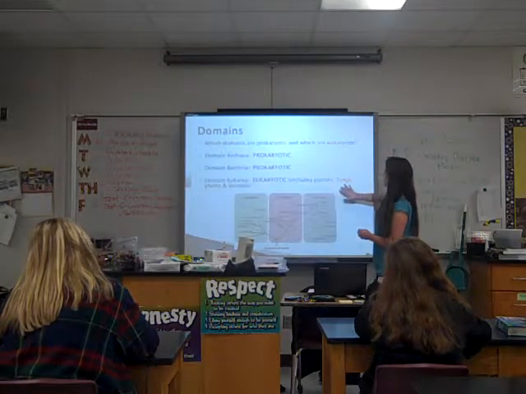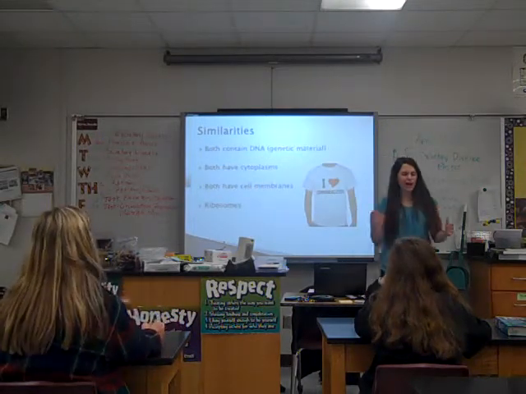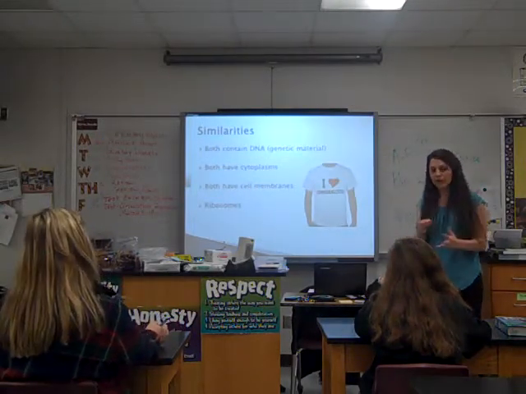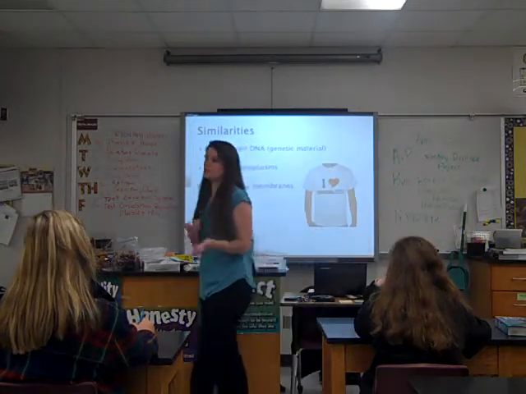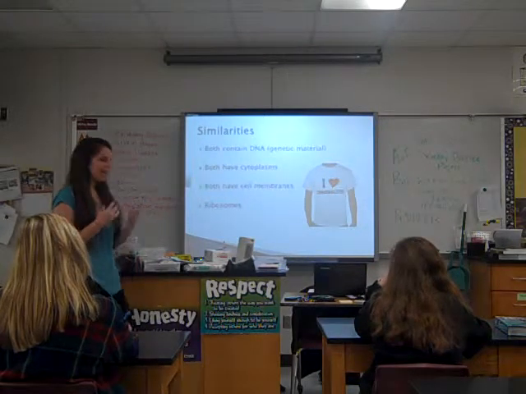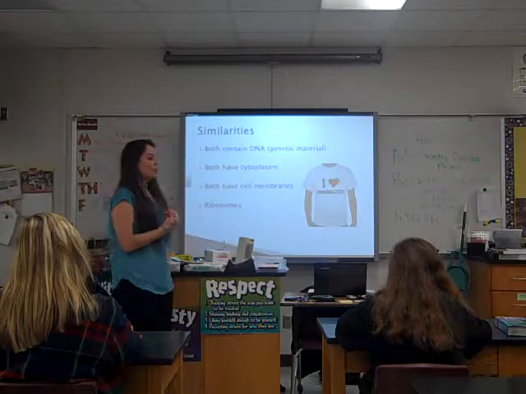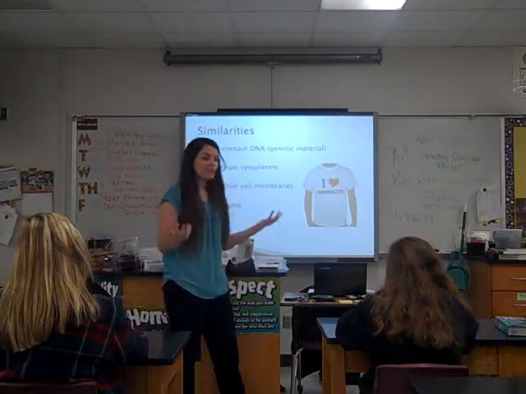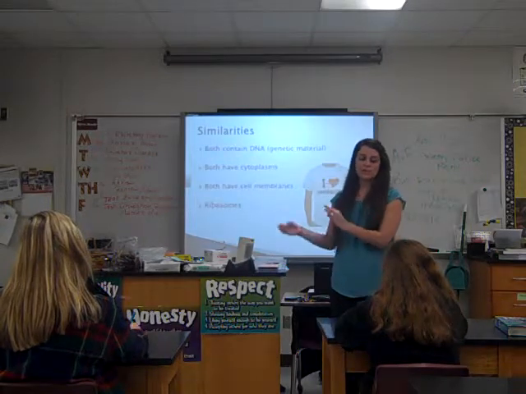So, all right. So we talked about how prokaryotic and eukaryotic bacteria are different. Now let's talk about some of the similarities between these two, because they're both cells, so they have to have some things in common. So they both contain DNA. They both have genetic material. Maybe not necessarily DNA.